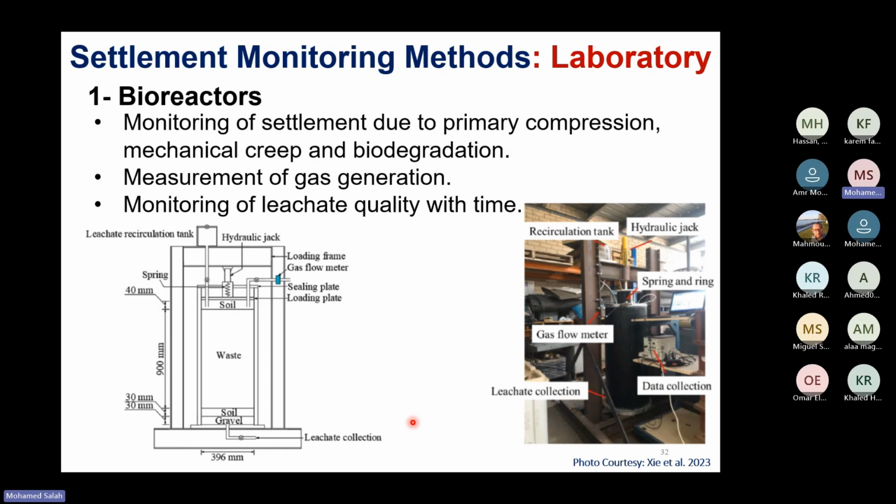This technique also can help us to monitor the leachate quality with time. At our university, we have been monitoring the settlement of the waste in Cairo for more than 3 years, and we are getting great results. So that's why I'm saying it's a good technique.